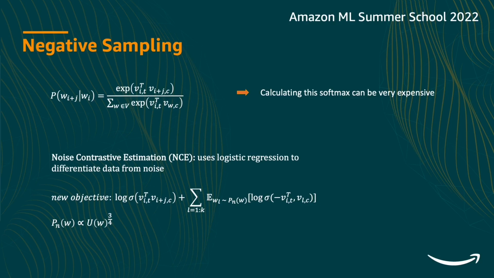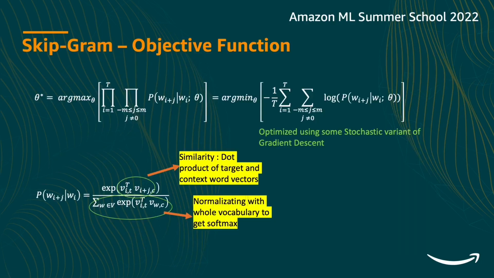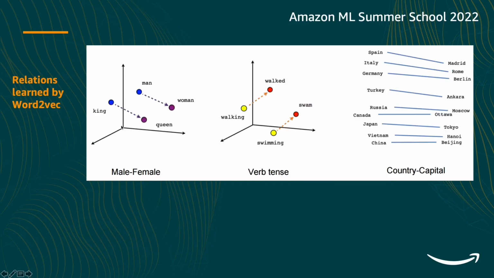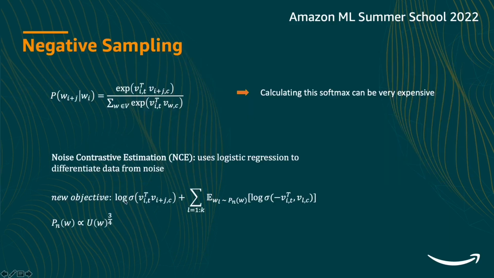So with this assumption, we simplify the conditions of NCE and we define a new objective. This is called negative sampling, where we replace the objective function which we discussed a couple of slides back with this new one over here.